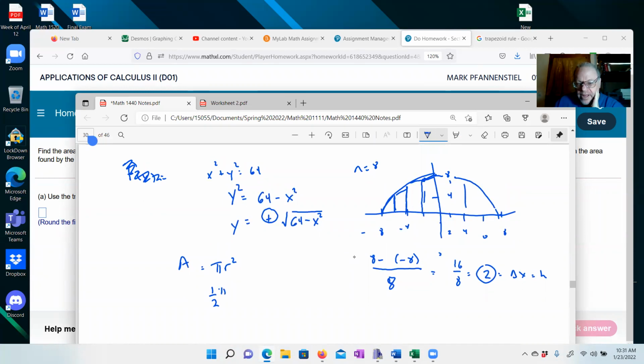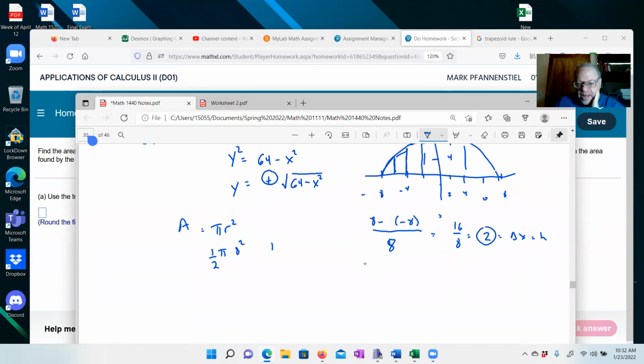Our radius is 8, so we have 8 squared. So we have 1/2 times 64 times pi. 8 squared is 64, half of 64 is 32, so 32 pi is the area we're aiming for.